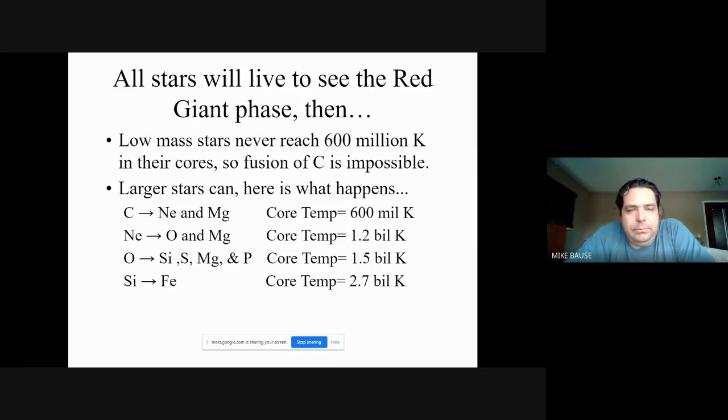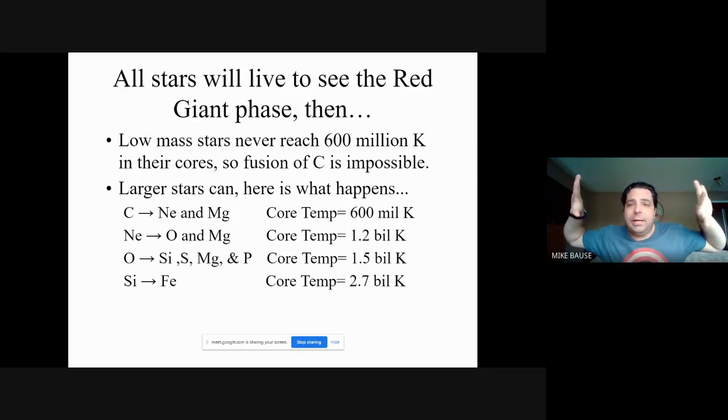Iron's the problem, though. Iron is the first element in the periodic table that when you fuse it, it doesn't give off energy. It actually takes energy in. Think about that for a second. Up until iron, every element, as it was fusing into heavier elements, was generating enough energy to push gravity back.